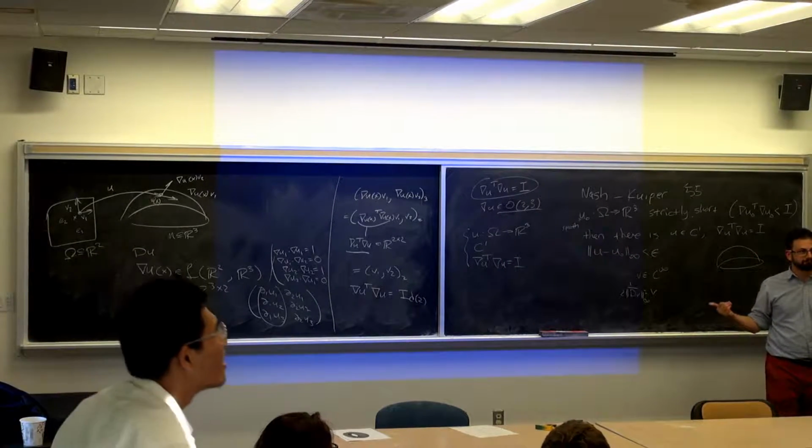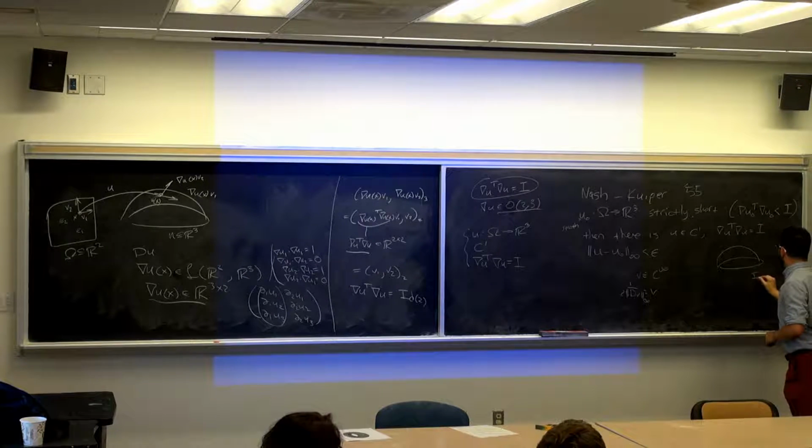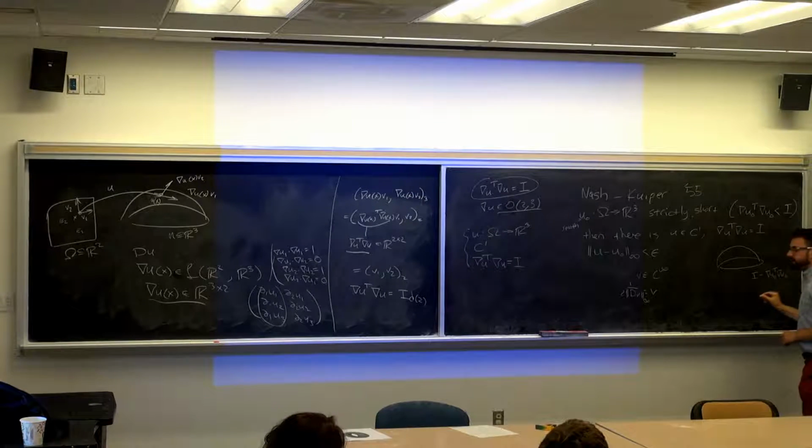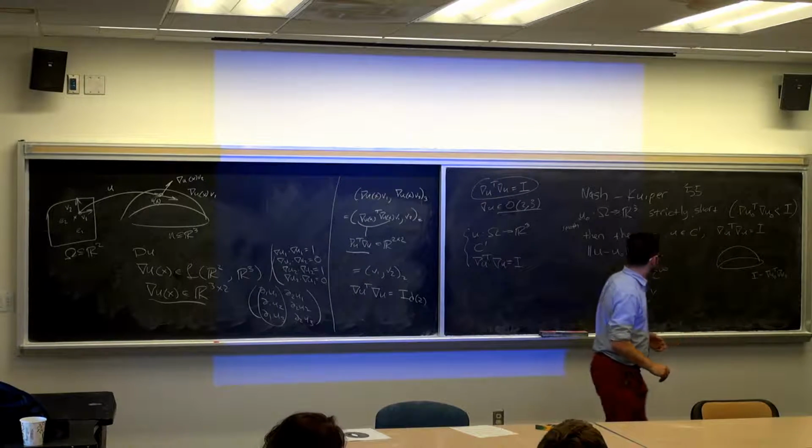Yeah. So what do you mean exactly by that being less than? Is that like B times that matrix times another B is smaller? Yeah, I mean this in the sense that it is symmetric, positive definite: I minus grad U0 transpose grad U0 is strictly positive definite.